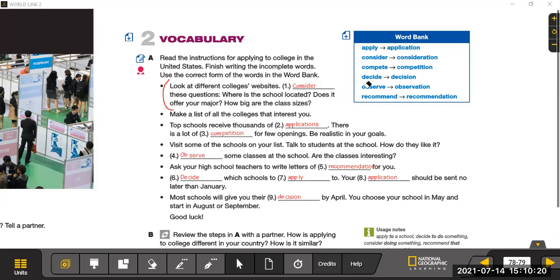You are going to study the vocabulary. If you don't know the definition of some words, try to find the definition, but in English. Always find the definition in English. Okay, so we're gonna continue then.